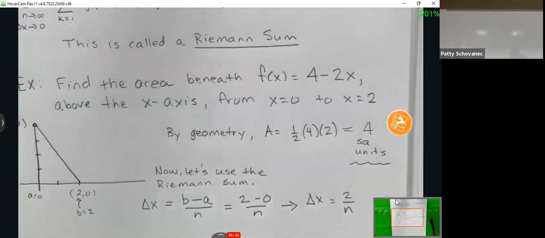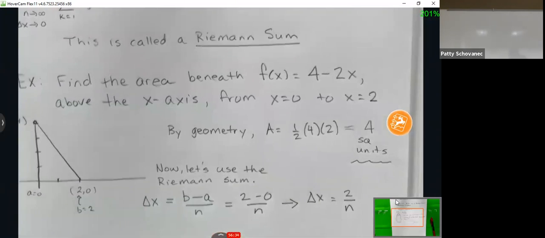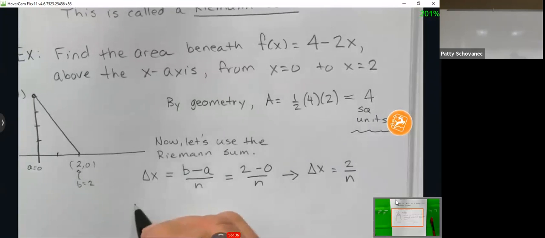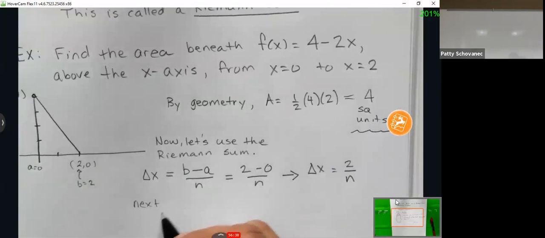Next, we find the height of each rectangle that we're going to put in here. The height is going to be f evaluated at A plus k times delta x. f is 4 minus 2x.